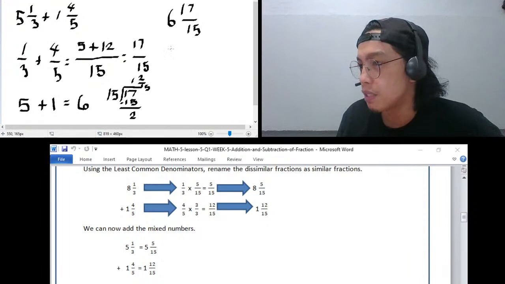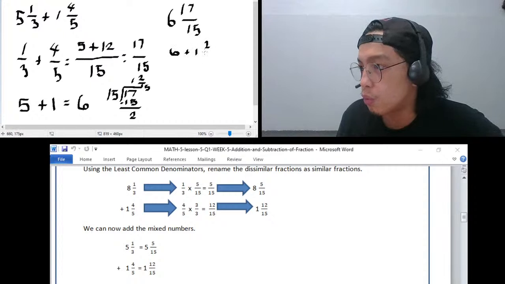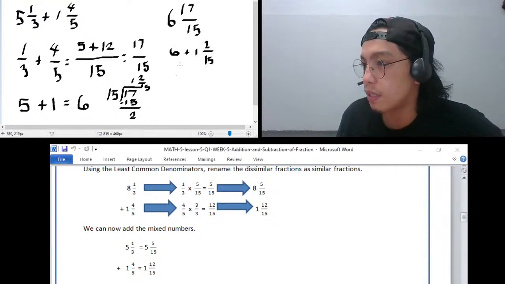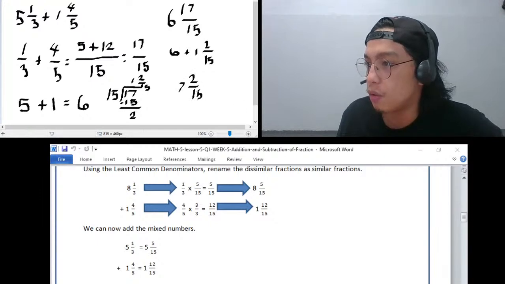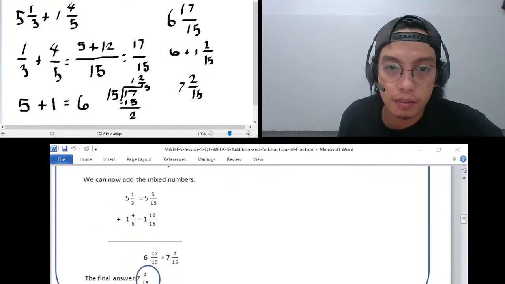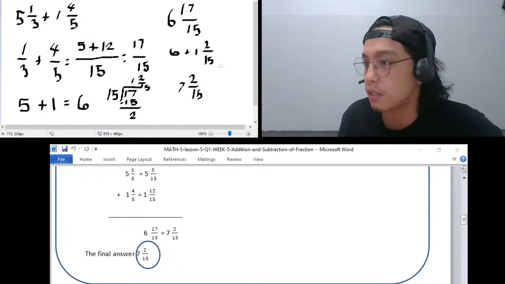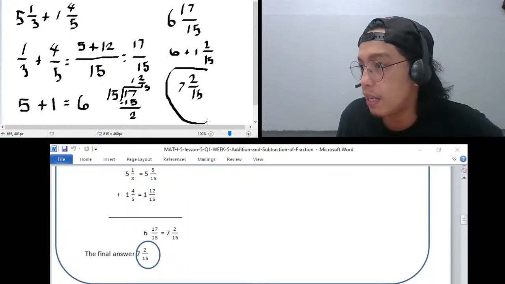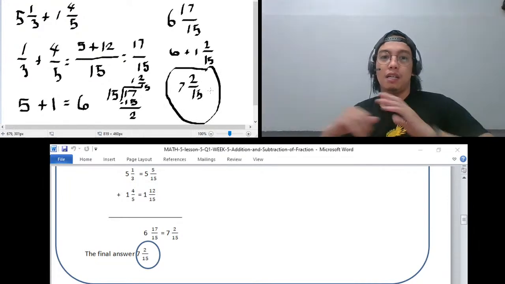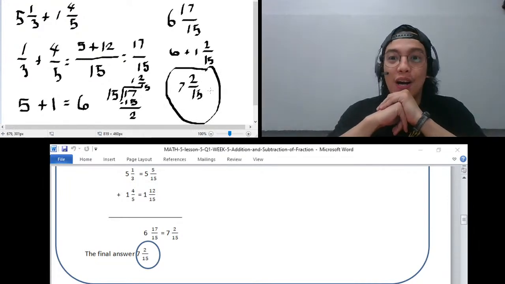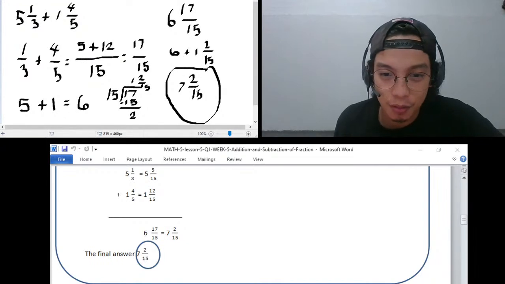So it becomes 6 plus 1 and 2/15. So it's now 6 plus 1 is 7, copy the fraction over, and 2/15. Let's try. It's correct, the same answer. Okay, it's 7 and 2/15. So that's the answer. That's how you do it using mixed form and all those things.